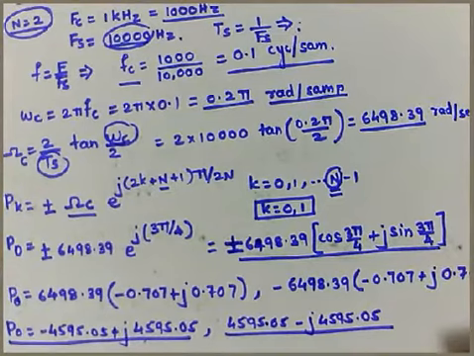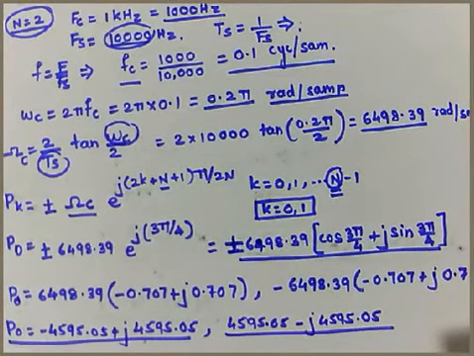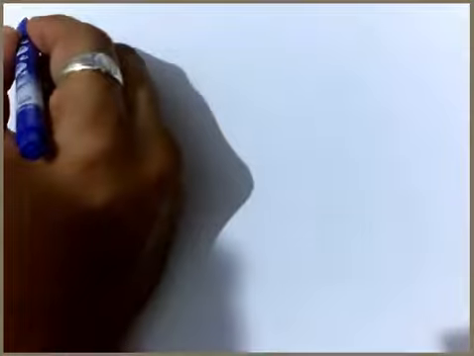So for the second pole calculation, it will be nothing but with the P1. So this is what the first pole which we calculated, or the pair of first pole. Let's calculate it for the second pole. For the second pole, the value of K will be K equal to 1.